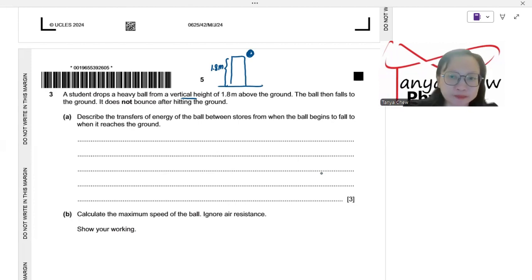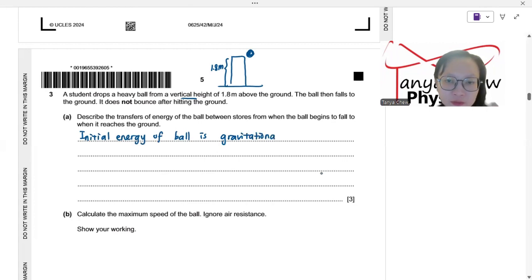So I will say initial energy of ball is gravitational potential energy, right?